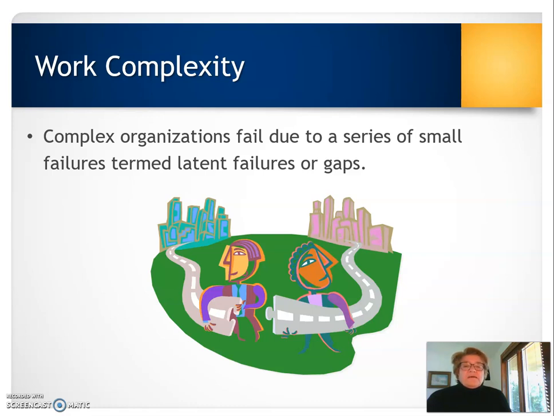Maybe it's a policy or procedure that has never fully been tested. It can be a lot of different things. This work complexity is an important concept. And in the videos this week, Dr. Patricia Ebright talks about work complexity and how nurses and really other healthcare professionals operate in this complex world.